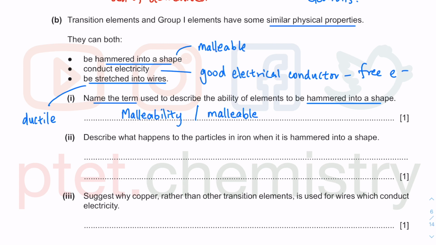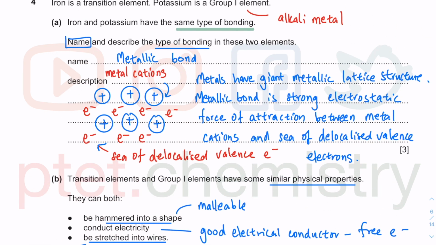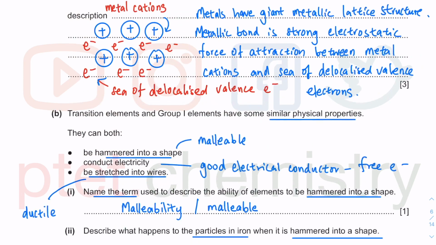Describe what happens to the particles in iron when it is hammered into a shape. When you apply force onto the giant metallic structures, the layers of cations of the same sizes can slide over each other easily.